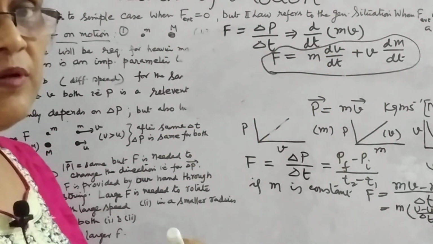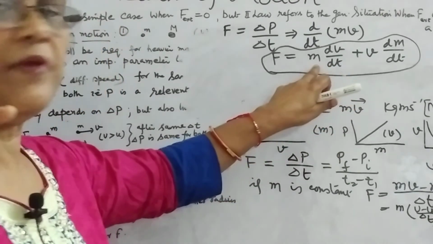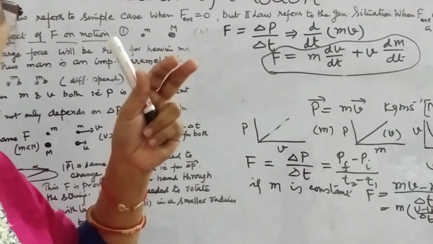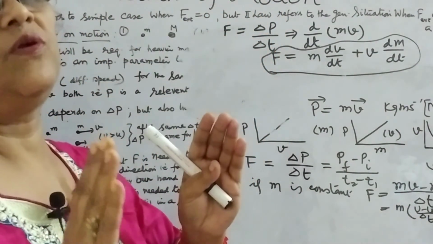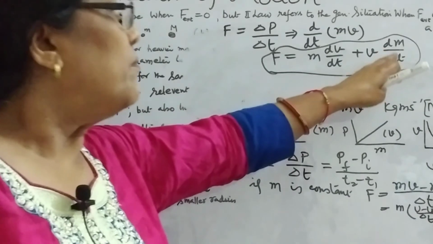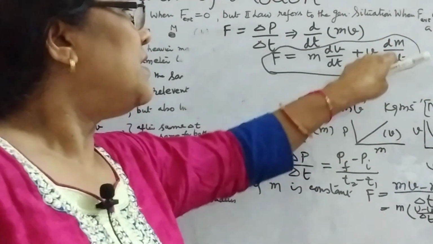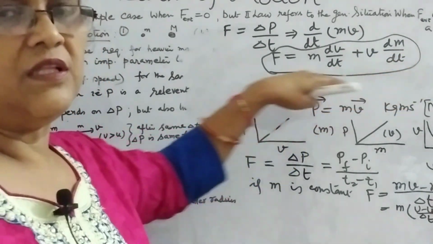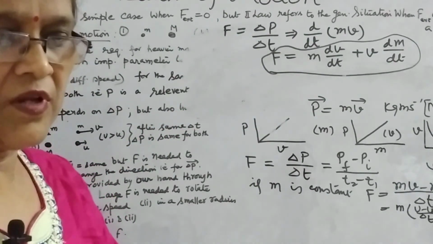So when mass is constant, you get F equal to ma, same as before. And if mass is not constant, as in the case of a jet, when the rocket carries fuel, then mass decreases as the fuel is used up, and dm by dt is negative. Then you find that this equation is the complete equation for the second law of motion.